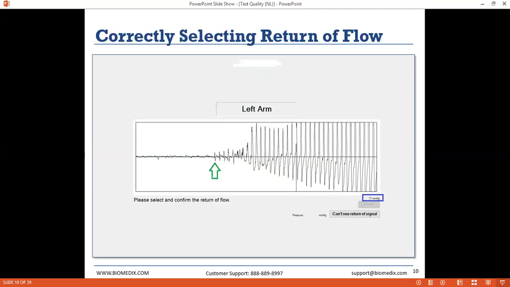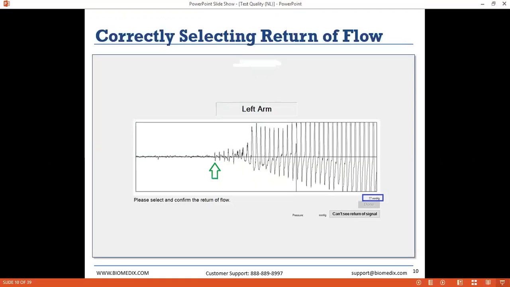The reason for that is usually the placement of the PPG probe. So if your return to flow charts are all over the place, we're not necessarily going to look at the chart, but instead at the placement of the PPG probe to possibly remove some artifact and get a cleaner test.